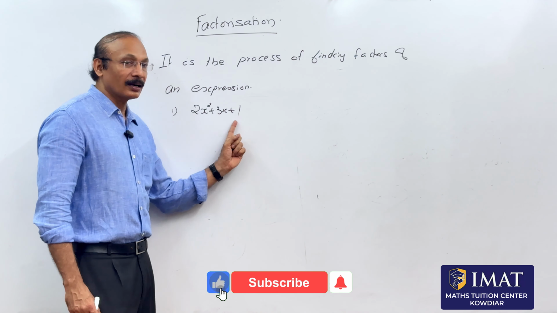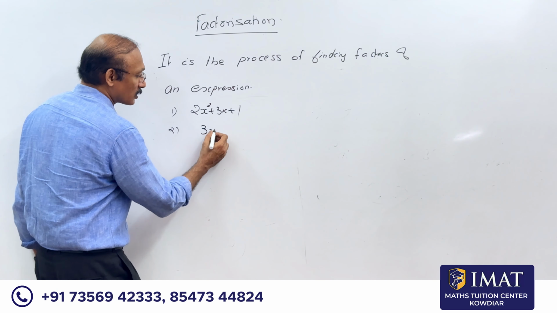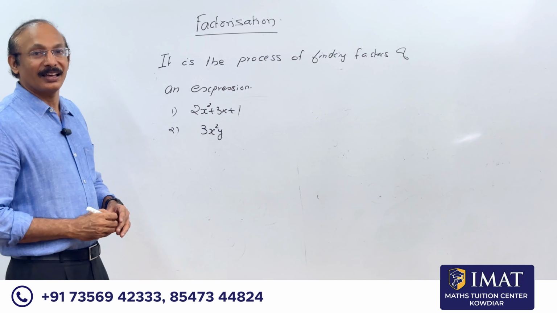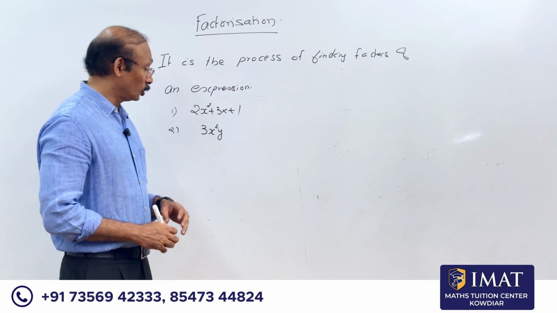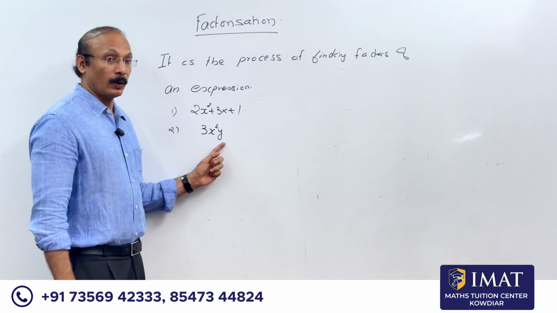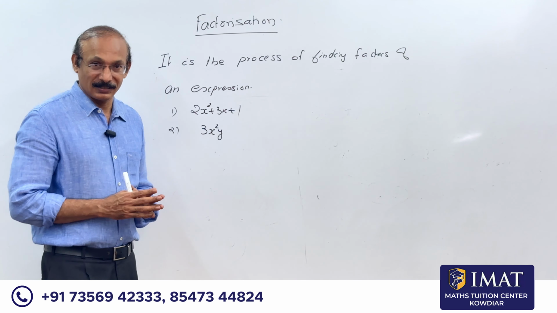But if I say an expression like this, 3x square y, how many terms are there in this expression? Though you are seeing a number 3, x square, y, all these are written as products. So we say the number of terms in this expression is just 1.